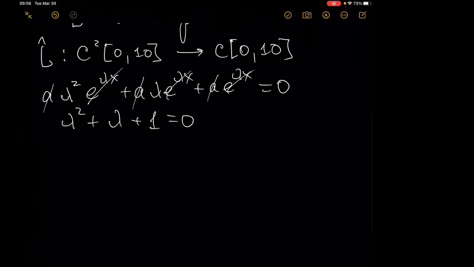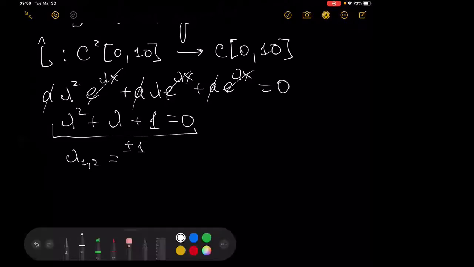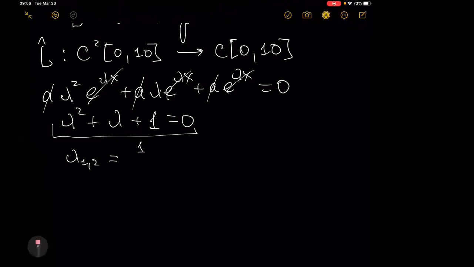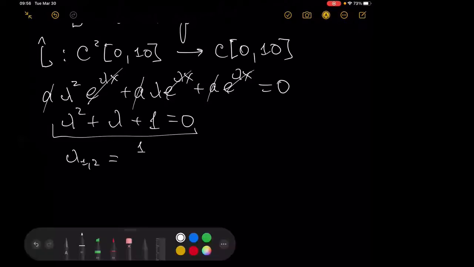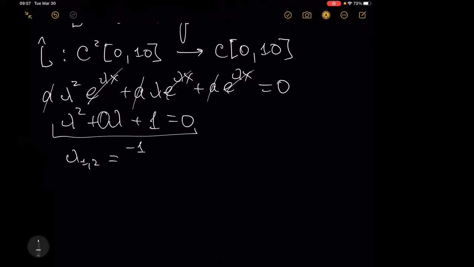I can solve this quadratic equation for lambda. Lambda 1, 2 equals minus 1 plus minus the square root of 1 minus 4, divided by 2.